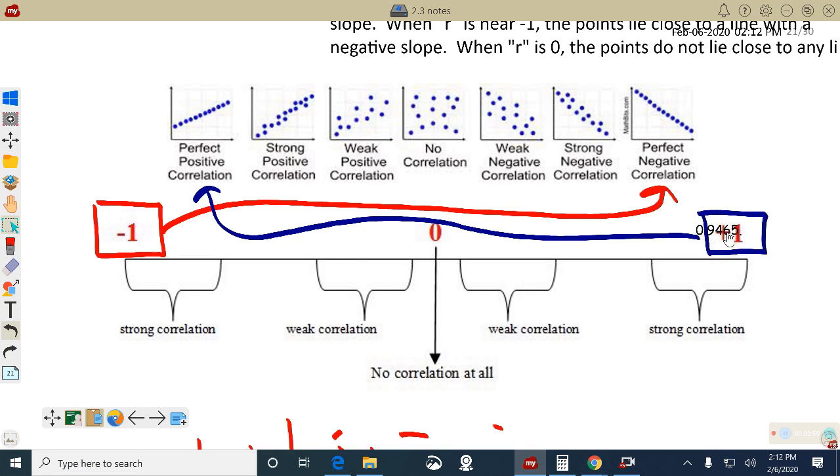The more positive slope, the stronger positive correlation. The more negative slope, close to -1, is the more negative correlation. Okay? So what I just did looks like a strong positive, and so if they ask you how strong is the correlation or is there correlation, the answer would be it's a strong positive correlation because it's close to +1. That's it. I'll talk more about this on Tuesday after we get back from the break.